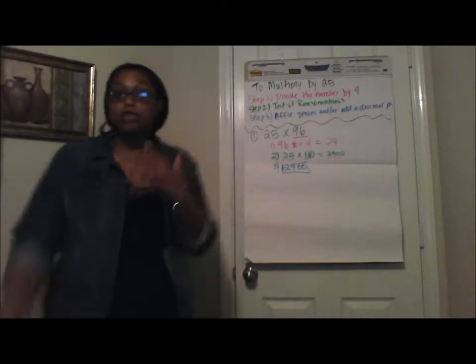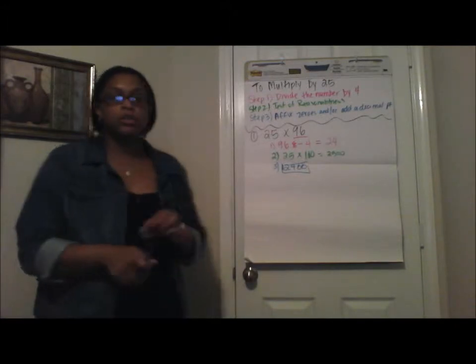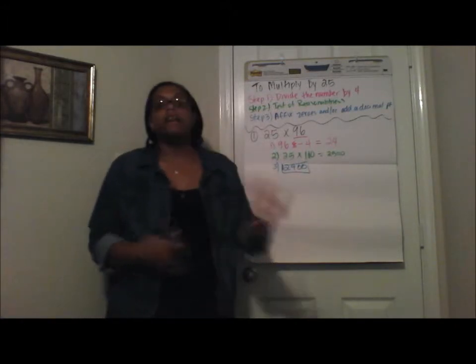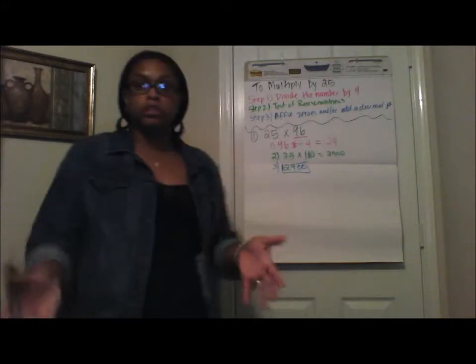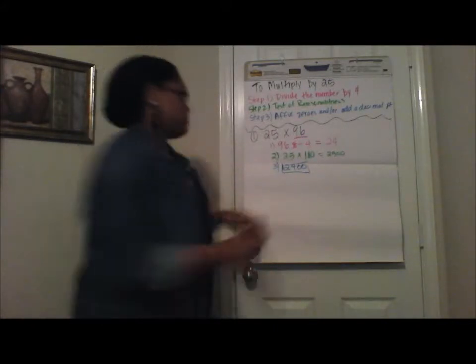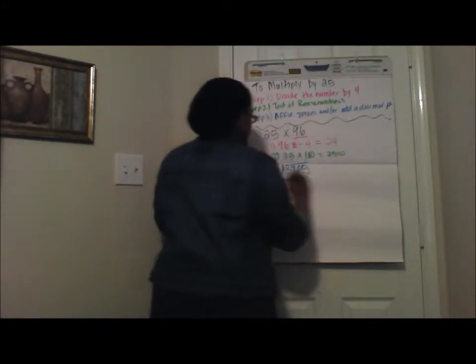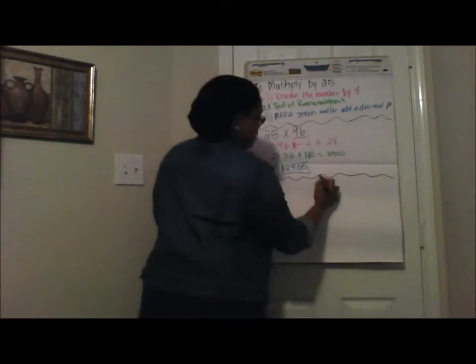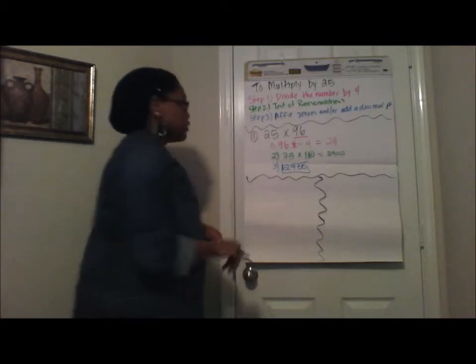Alright, let's get a little harder. We're going to do it with a decimal, and then we're going to do it with a multiple of 25. I'm going to divide it in parts. So first we're going to do the decimal.